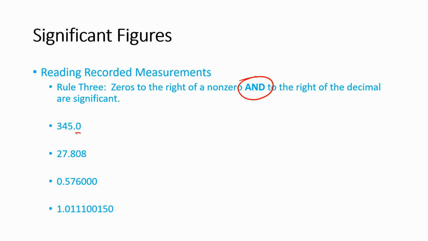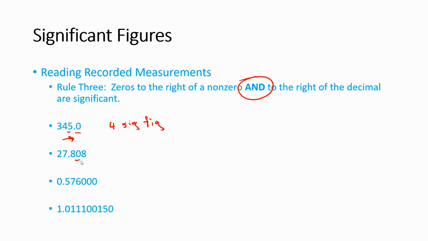So what I mean by that is 345.0. That zero is to the right of the decimal place, and it is to the right of a non-zero. It's to the right of 5 right there. And so we consider that zero to meet both qualifications, and therefore it's significant. 345.0 has 4 significant digits. 27.808.